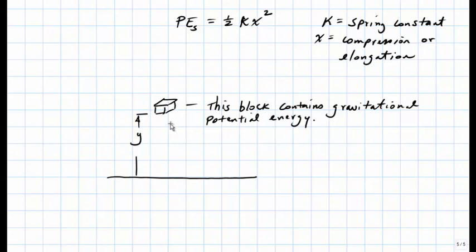So how do we quantify this energy? Well, it turns out that the amount of energy that this block contains is directly tied to the amount of work that gravity can perform on the block. So let's take a look at the work done by gravity equation.